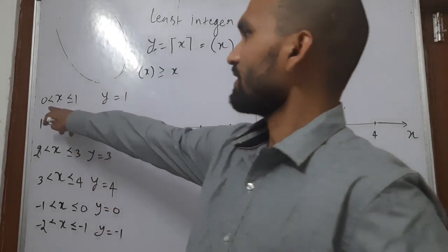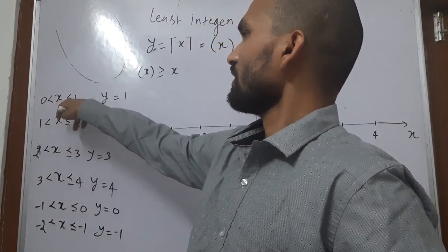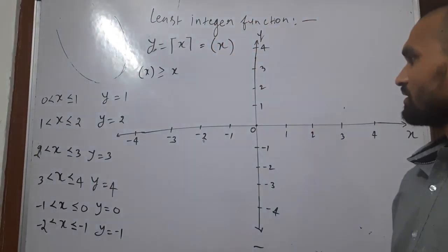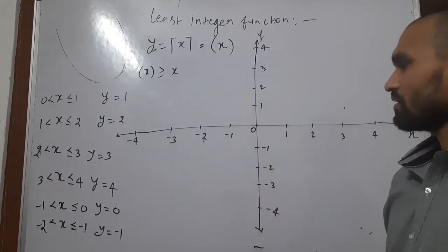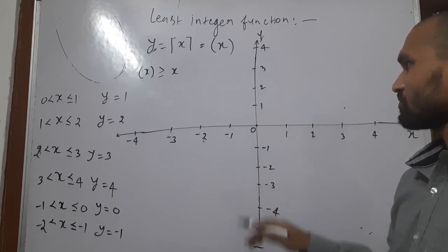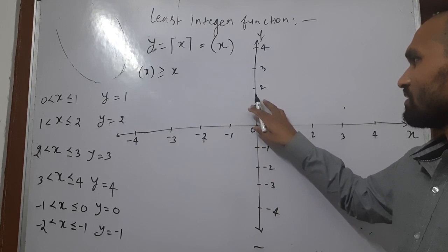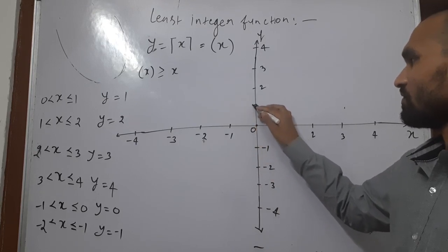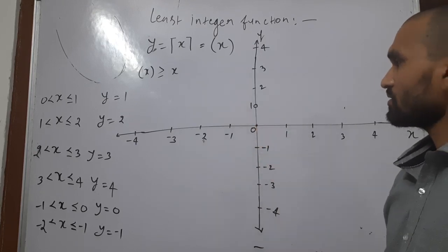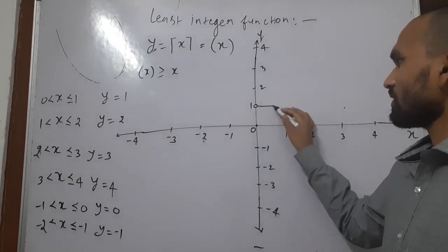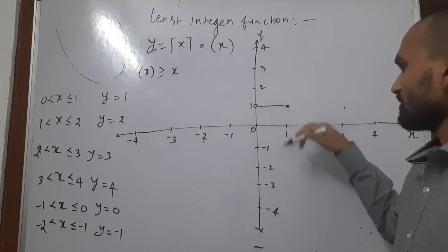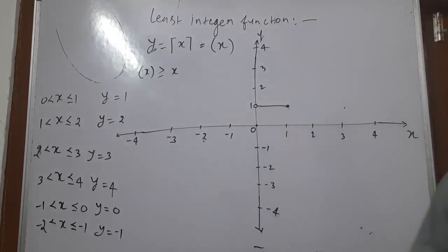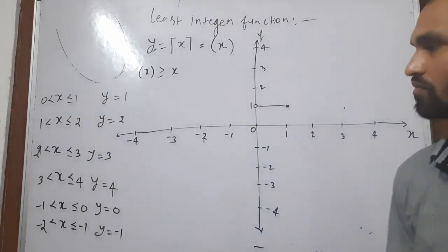First of all, we have taken greater than 0 and less than or equal to 1, which means 0 is not included. So when 0 is not included and 1 is included, the value is 1. We draw the graph in front of 0. It will be open because 0 is not included. Now the value is 1, so we darken the circle in front of 1 because 1 is included and the value is also 1.